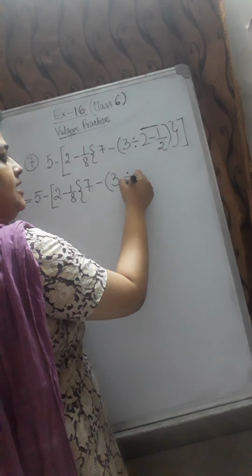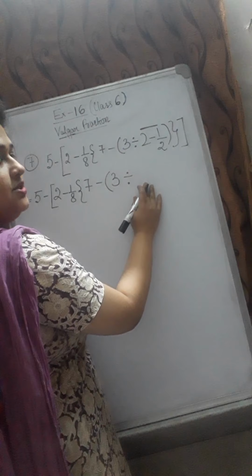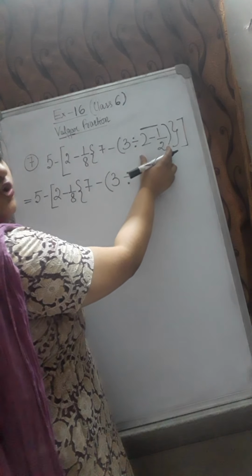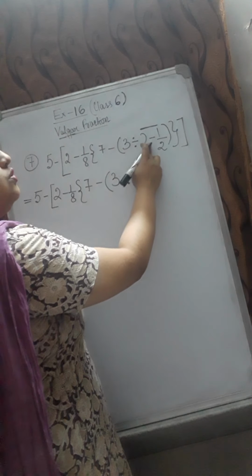And you will only stop over here after the division sign, because this part is having the bar bracket which we have to solve first. 2 minus half.